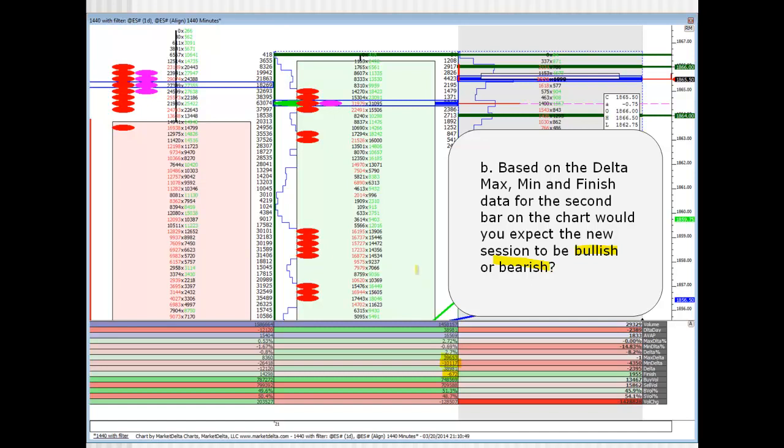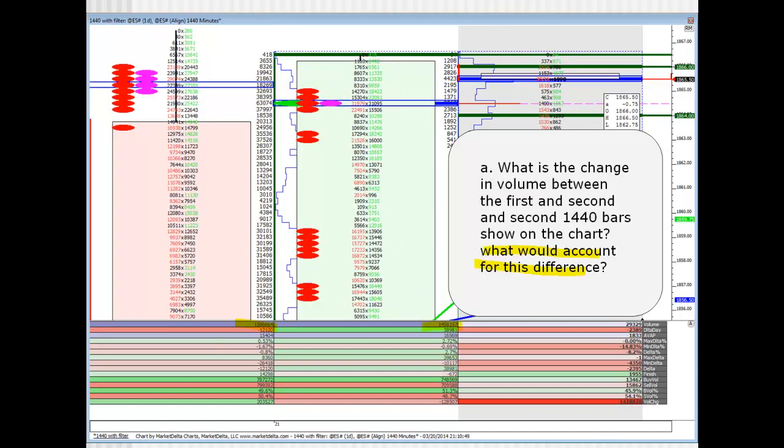So this is a very bullish close. Also look at how we closed one tick below the high and one tick below the value area high. That is the usefulness of the max, min, and the delta finish. It helps us to get an idea about sentiment and market bias once a session is complete. The expectation would be that we should see prices continue to rise in the following session.